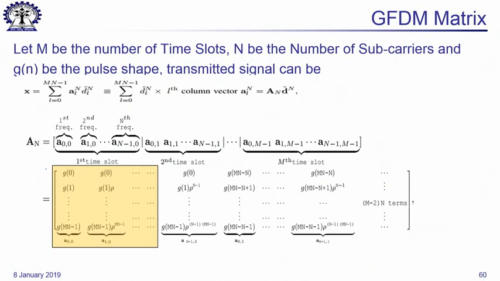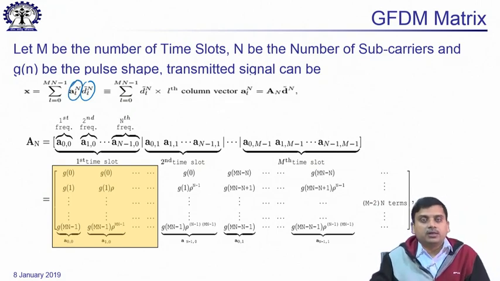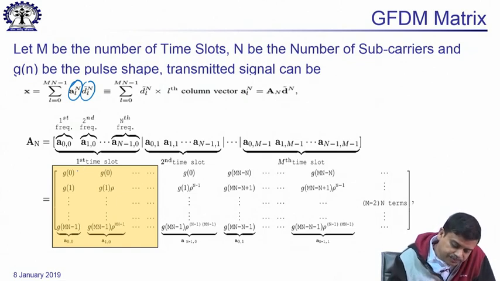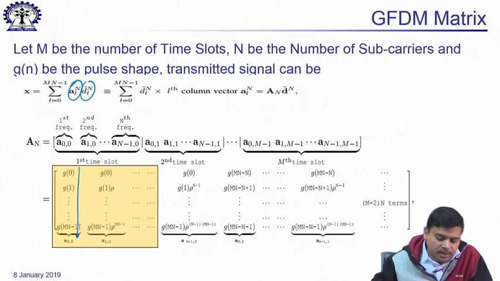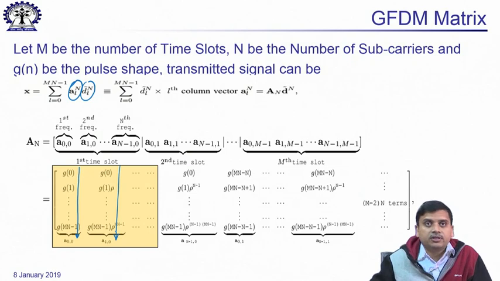So, what we have are these data symbols, and these are the pulse shapes which are of critical nature. Let us see how these are addressed. In the first time slot, G0 to G(MN minus 1) are the samples of the pulse shape of the first time slot. The second set of signals indicate the frequency shifted version of the pulse shape.